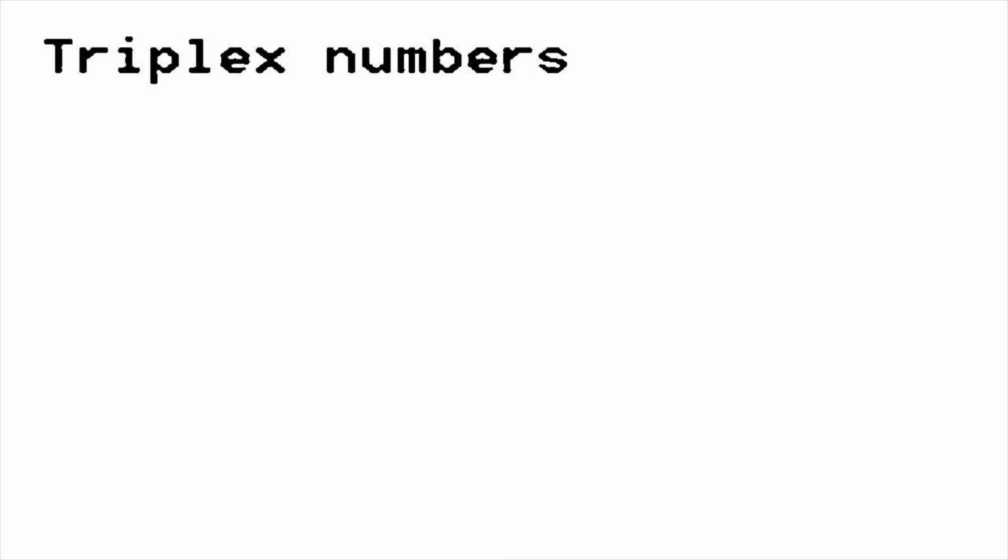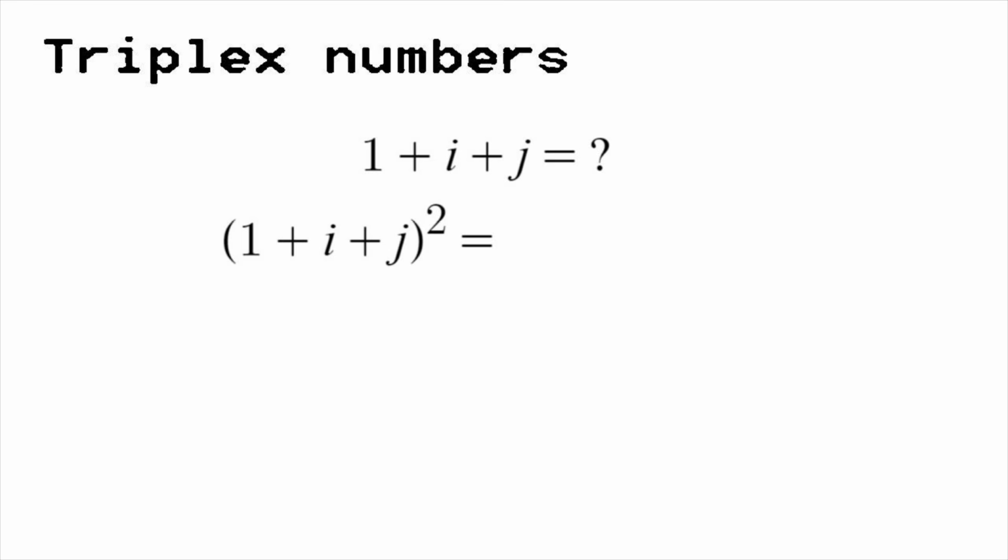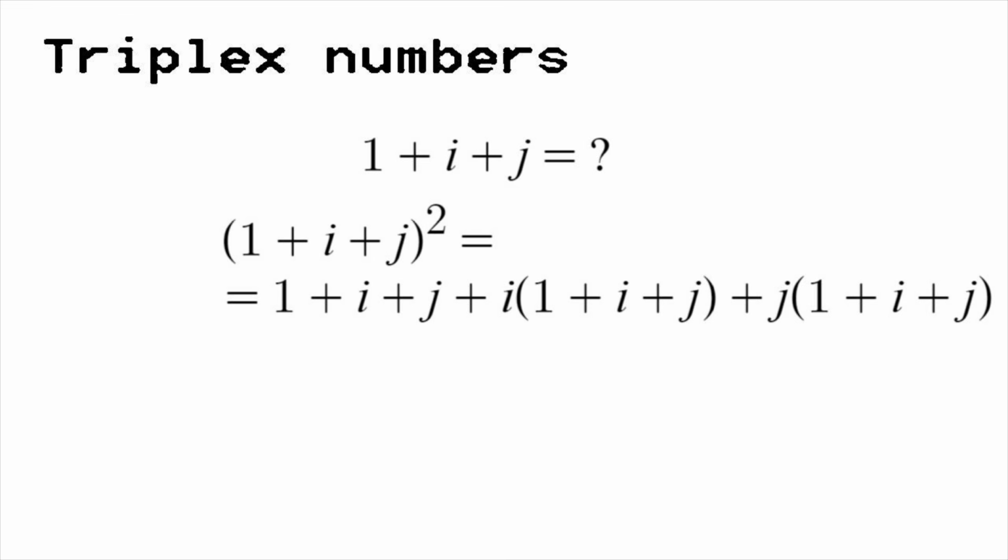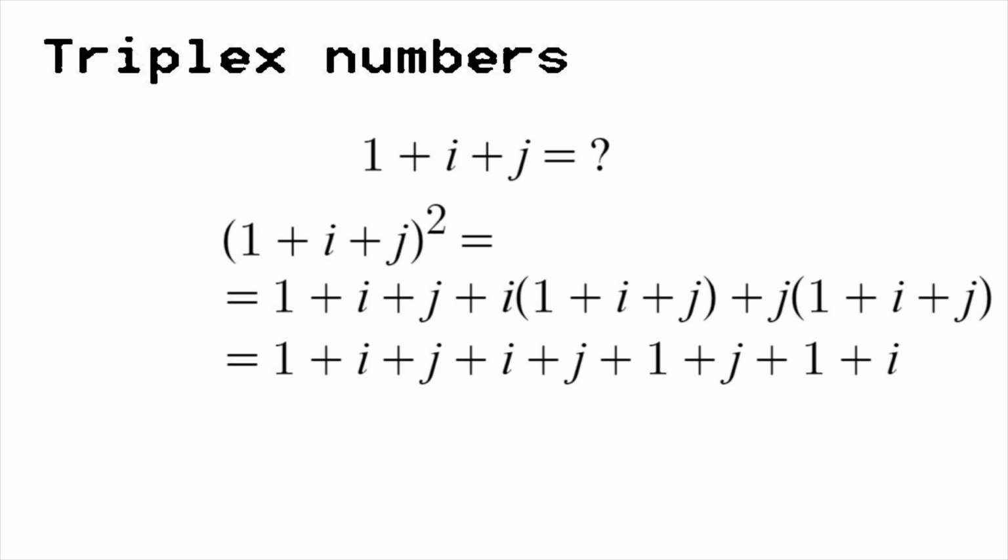In order to demonstrate these issues, let's try to quote-unquote solve for the triplex 1 plus i plus j in the same way that we tried to solve for the split complex j earlier. First, we'll start by squaring 1 plus i plus j. Expanding this gives 1 plus i plus j times 1 plus i plus j, which is equal to 1 plus i plus j plus i plus j plus 1 plus j plus 1 plus i.